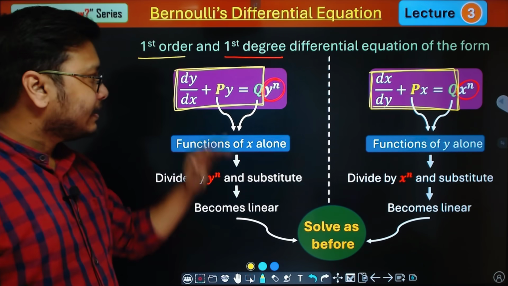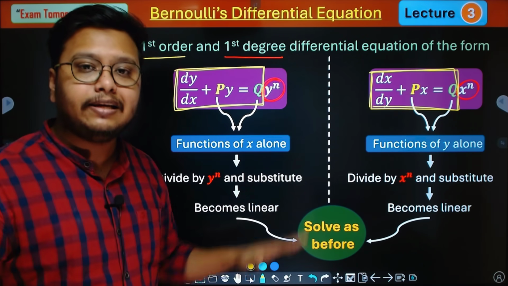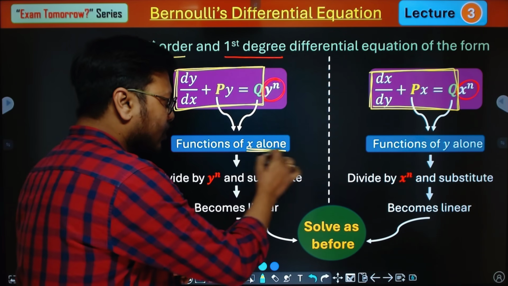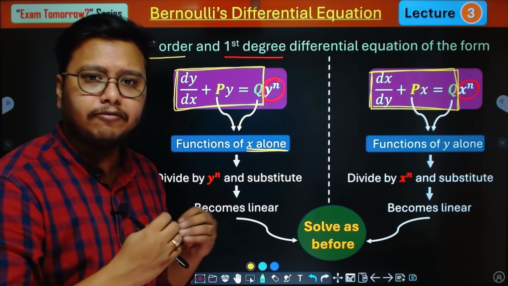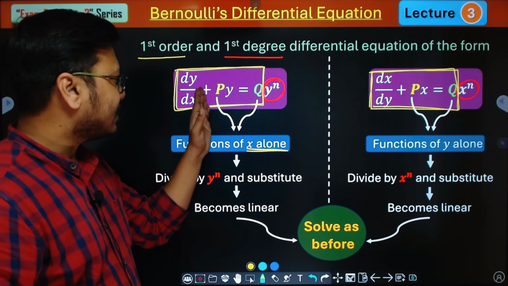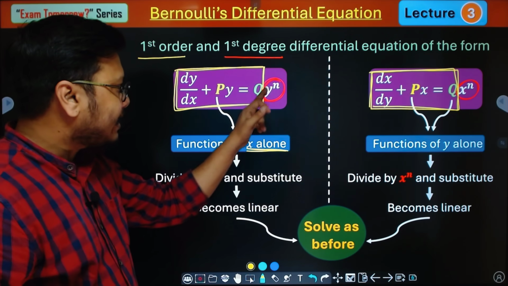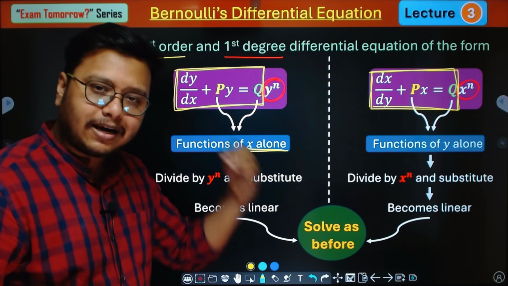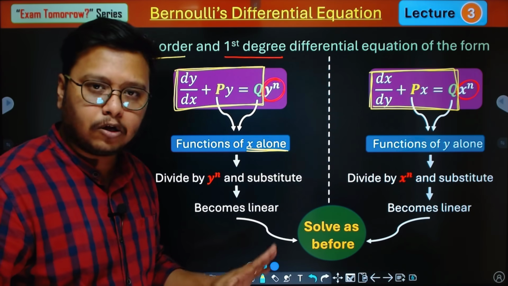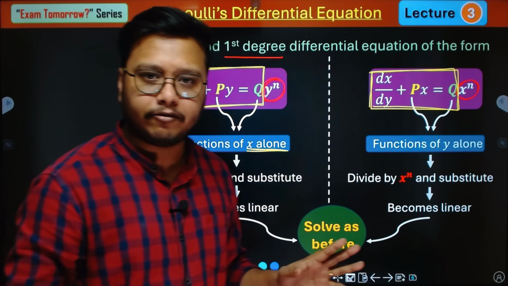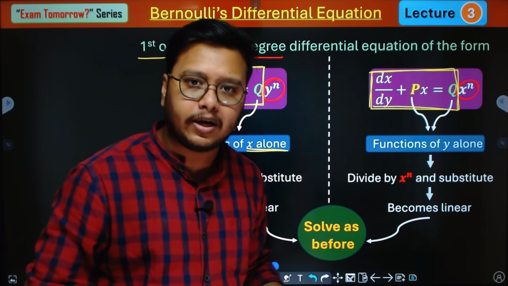So now these are not linear anymore because p and q are any functions of x. So any functions of x means it is free to become non-linear. So we can consider that x is non-linear in general and y higher power is present, so that means it is not linear in y also. So basically a Bernoulli differential equation is not a linear differential equation, it's definitely non-linear.